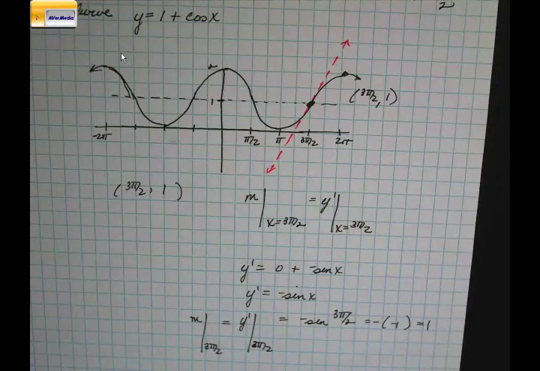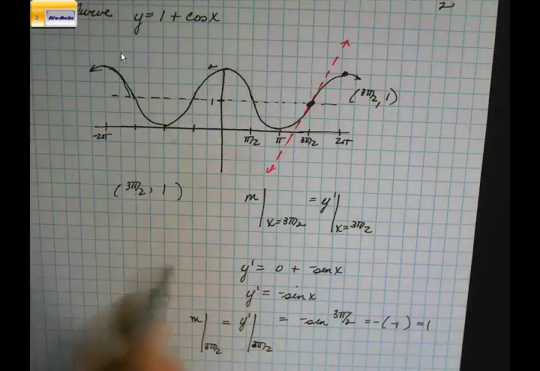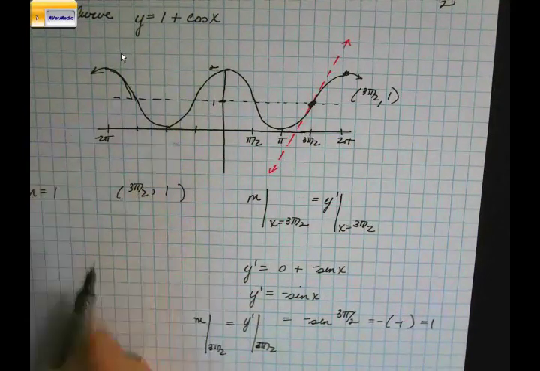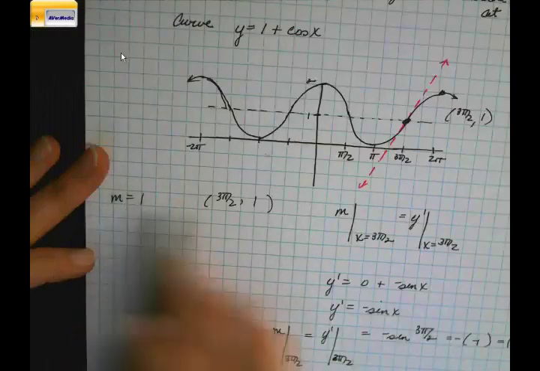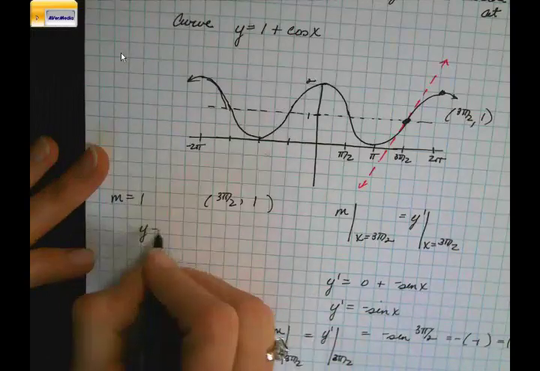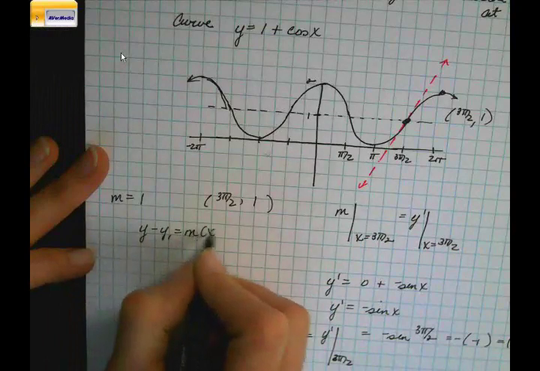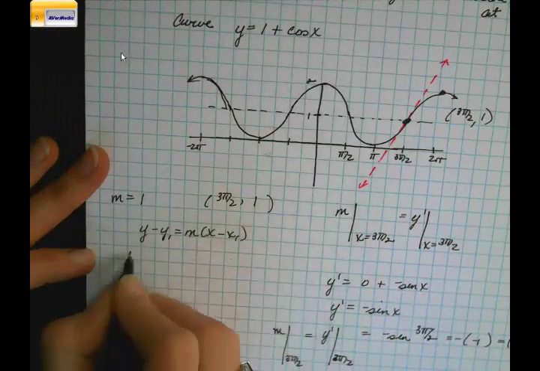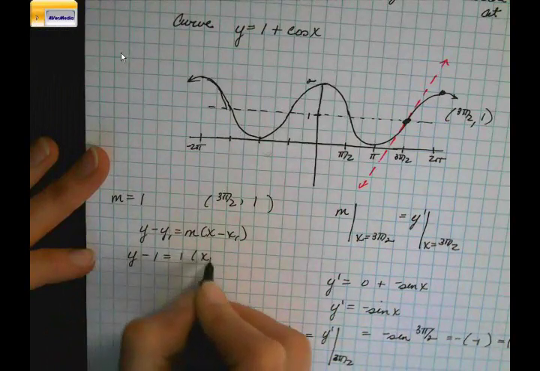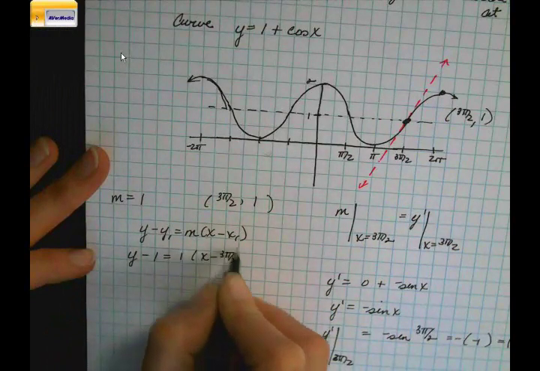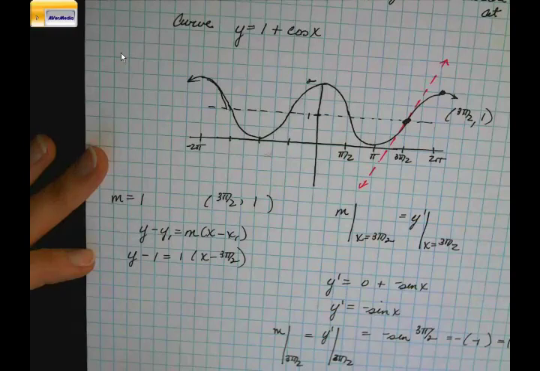So if we want the equation of that pink line, which is the tangent line to the curve, here is my point, and my slope now is 1. So I just have to find the equation of this line that goes through this slope and this point. So y minus y1 equals m times x minus x1. Y minus 1 equals a slope of 1 times x minus 3 pi halves.